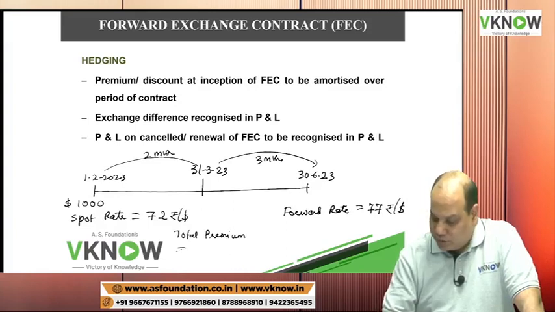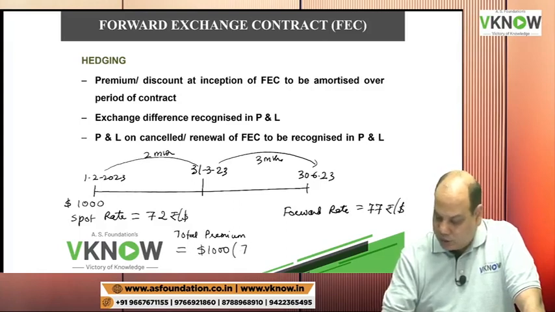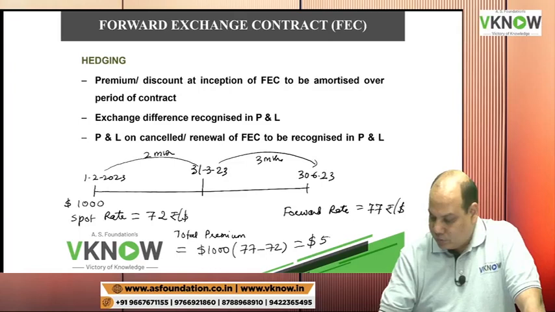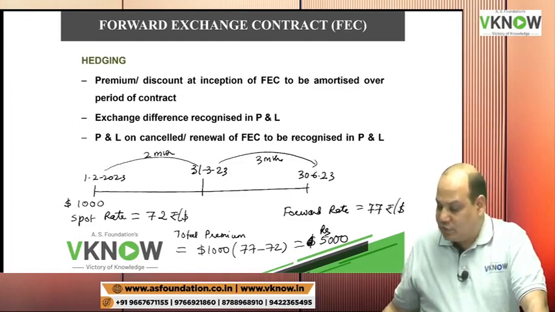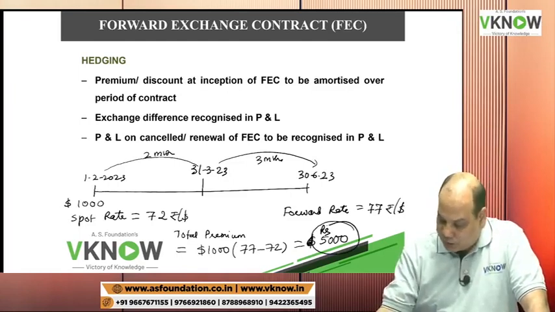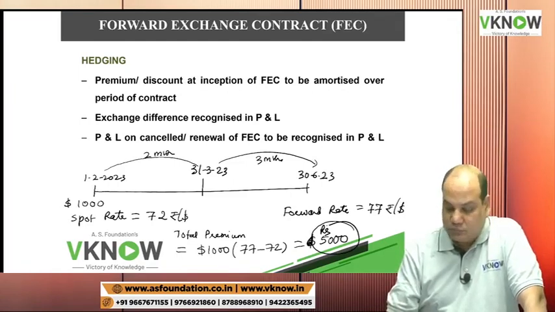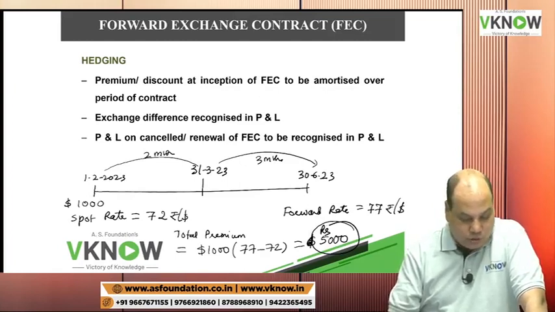The total premium here is $1,000 multiplied by 77 minus 72, that is rupees 5,000. The answer is rupees 5,000. So what we will do, this 5,000 rupees we will apportion 2 is to 3.